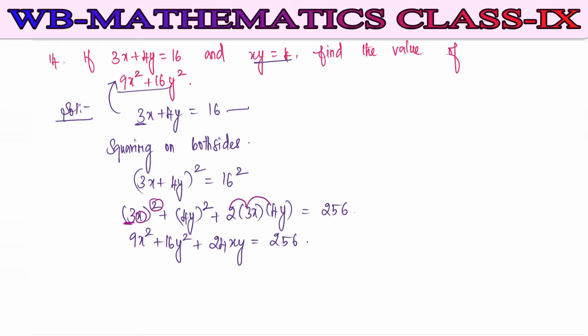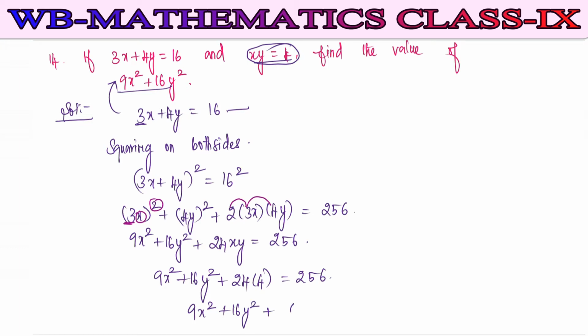9x square plus 16y square plus 24 into the xy value, which is 4. So I can substitute 4. 9x square plus 16y square plus 4 4s are 16, 6 remainder 1, 4 2s are 8, 96, is equal to 256.